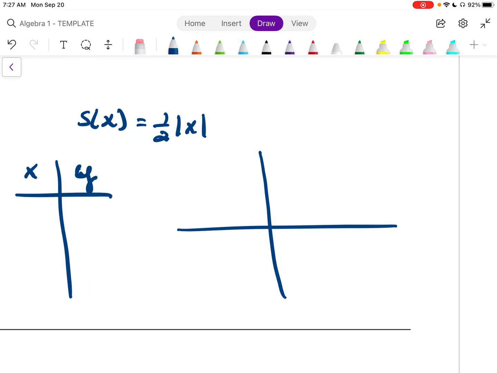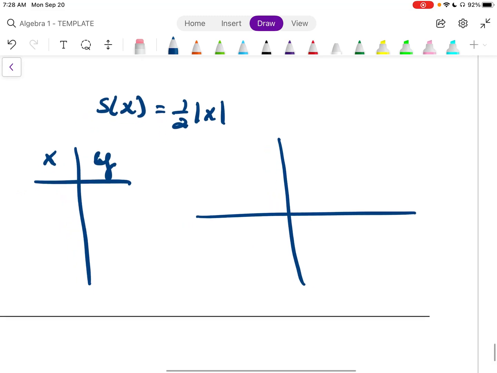I don't really like to graph decimals. So what I'm going to do is pick numbers that would give me nice numbers whenever I plug them in, right? The 1/2 will give me a nice number for anything that's even, because 4 divided by 2 is 2. So I'm going to pick even numbers. I'm going to start off with -4, -2, 0, 2, and 4.